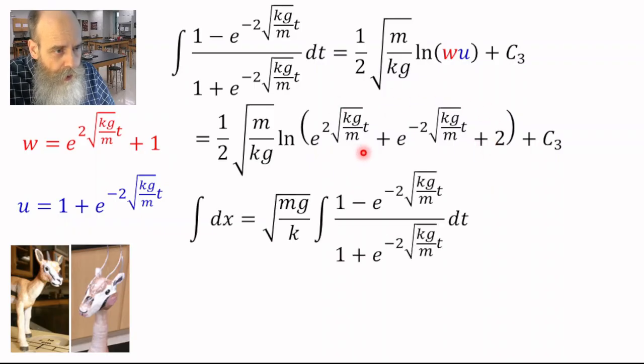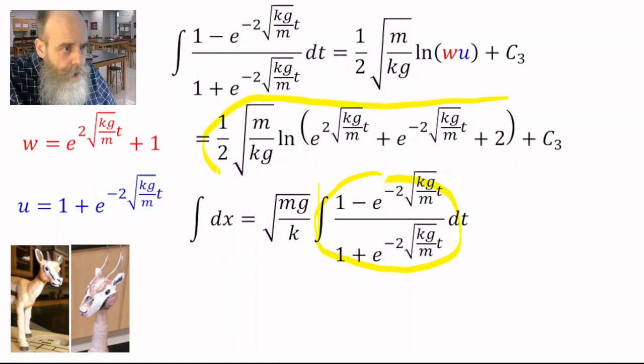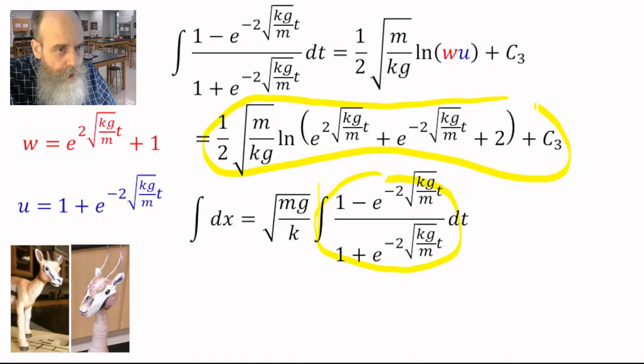And so now, let's go back to our integral equation. This is what it was. Now what do we have? We just found that this integral here is equal to this whole thing here. So let's put that into there.